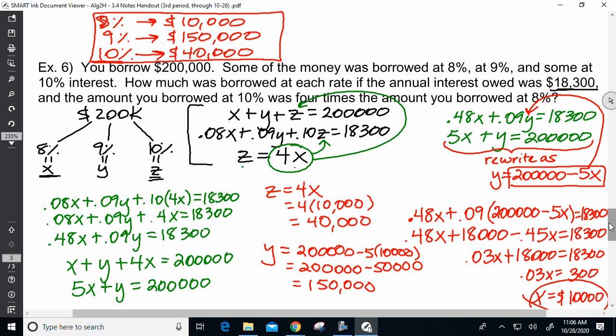You're guessing and checking and wasting your time. The algebra is not hard, it just takes a little work. Any questions on example 6? Not a hard problem. It's just one that you gotta follow where you're going.